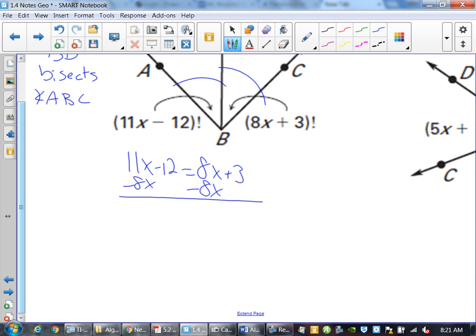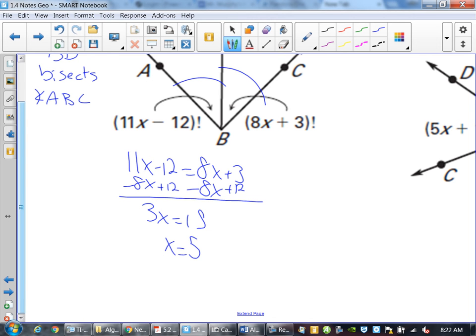If you subtracted the 11x, you'd still get the same answer, but a lot of times you have to remember you have all those negatives. So you just have to be careful with the negatives. By working with the little guy, you're less likely to have to deal with the negative. I'm going to add 12 at the same time, and you get x equals 5.